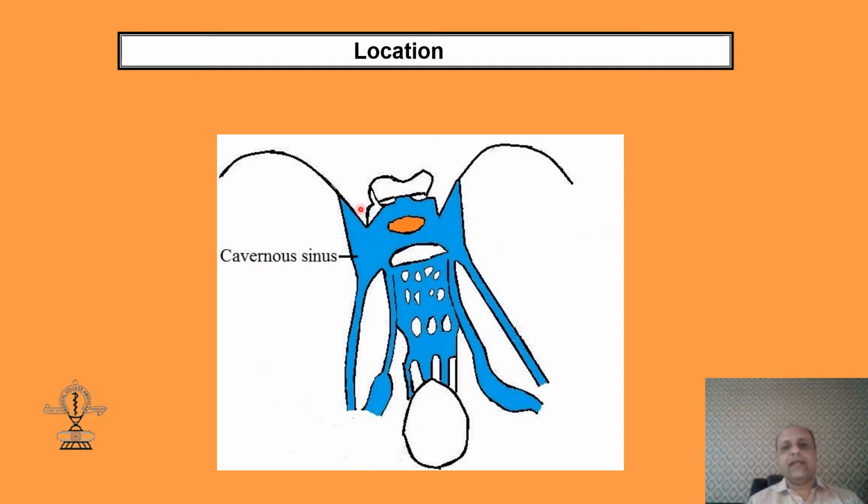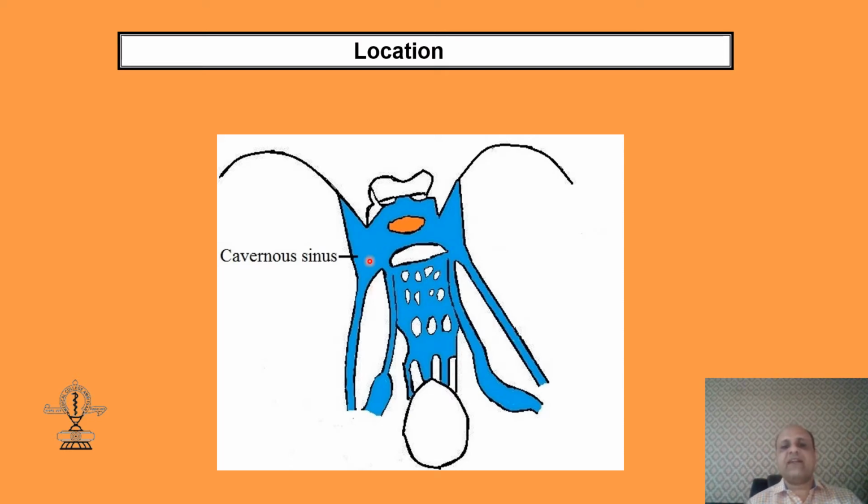Okay, so it has got an anterior extent and a posterior extent. Anteriorly, it extends up to the medial side of superior orbital fissure, and posteriorly it extends up to the apex of petrous part of temporal bone. So the pointer here is now representing the apex of petrous part of temporal bone.